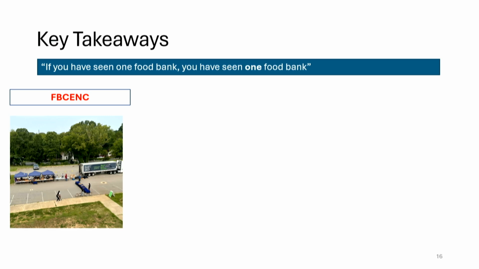What they do is drive out into the community and set up something that looks like a farmer's market, and then they allow people to shop there, and I use shop in air quotes, so you can select the items that you would like, and of course the items are for free. If there's any food left over, they take that food and give it to a local partner agency in their network. So they drive the truck back to the warehouse empty, right?